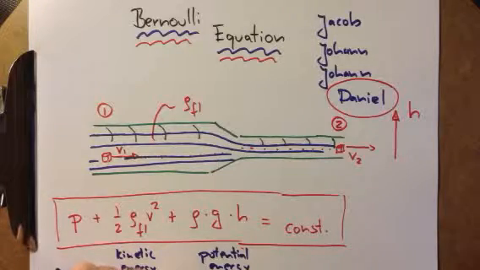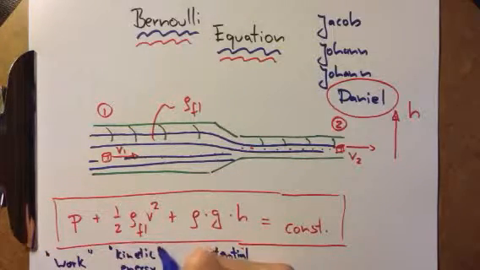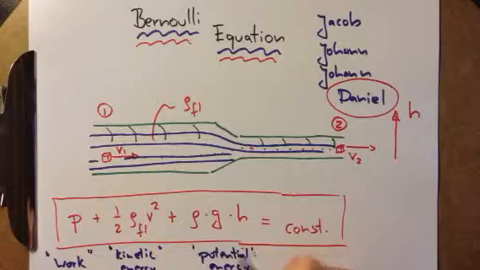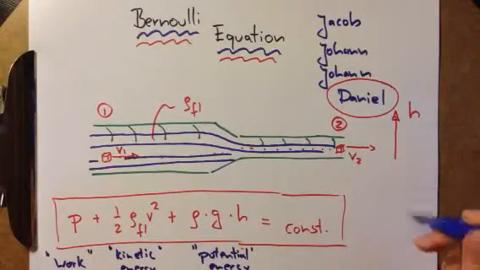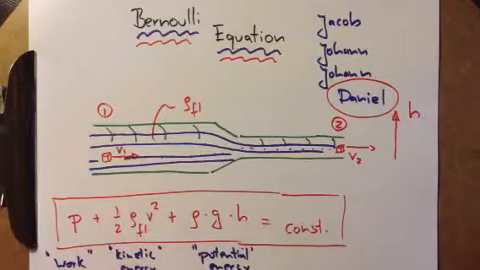And the pressure, if you multiply that with the volume of that element, can be interpreted as the work that is applied to the volume element. And Daniel Bernoulli says that the sum of these three contributions to energy are always constant, independent if you look at the volume element at position 1 or at position 2.